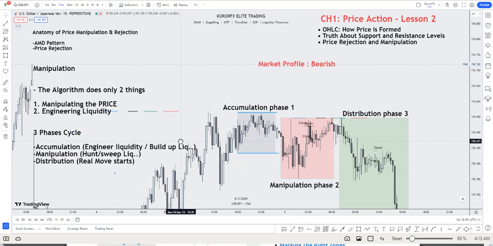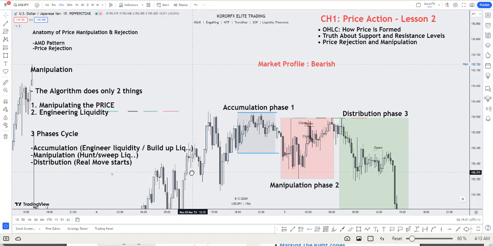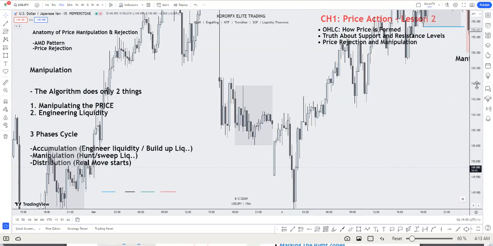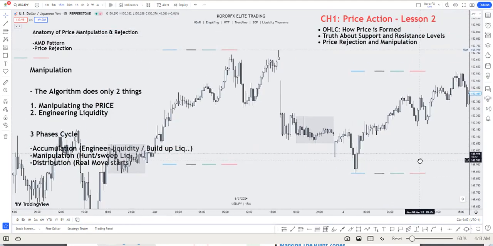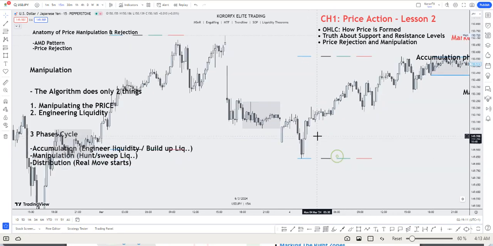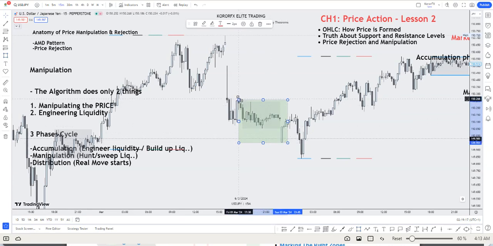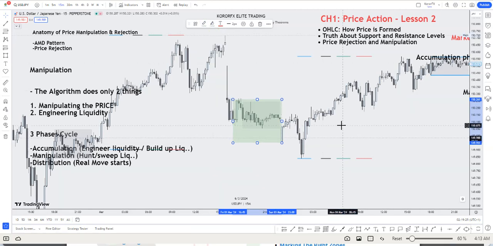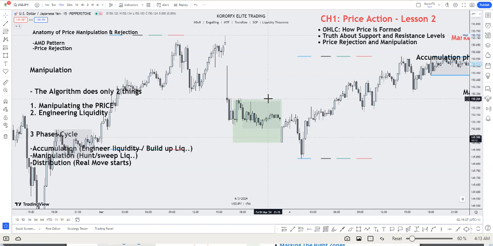So if there is a close market, let me look at it so that I can show you right here. There are many ways you can really find out. The same is here. This is really accumulation phase till here. This is accumulation phase. This is what I mean.